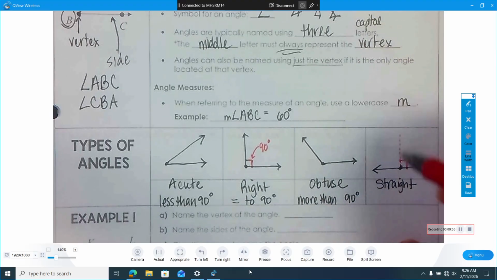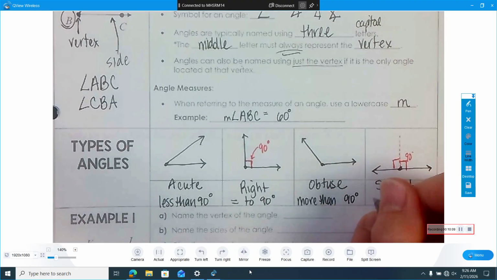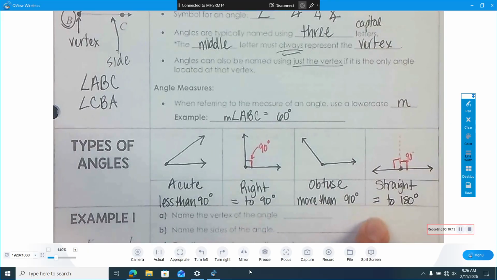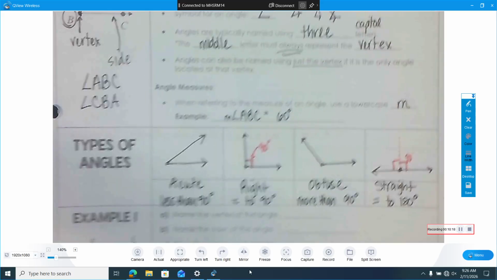So if I draw in a 90-degree angle on one side, then I know it must have a 90-degree angle on the other side. And what's 90 plus 90? 180. All right. So a straight angle is equal to 180 degrees. Okay. So these are the types of angles we have.